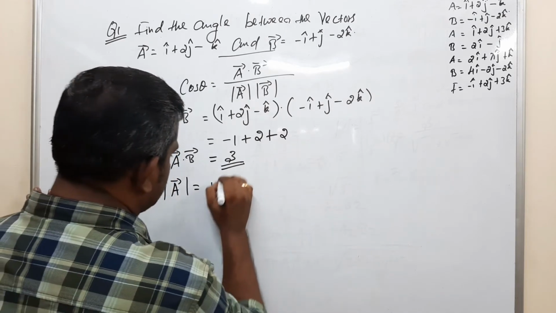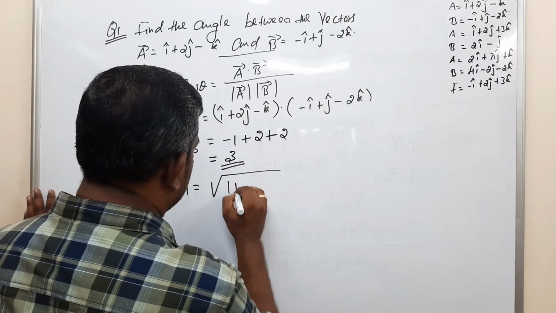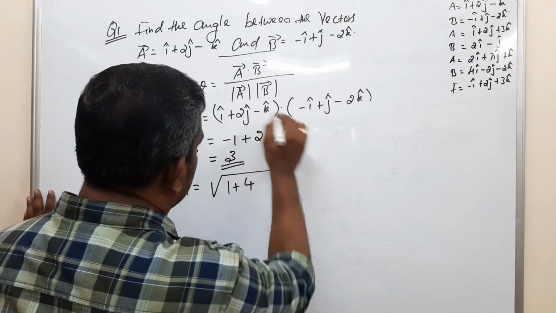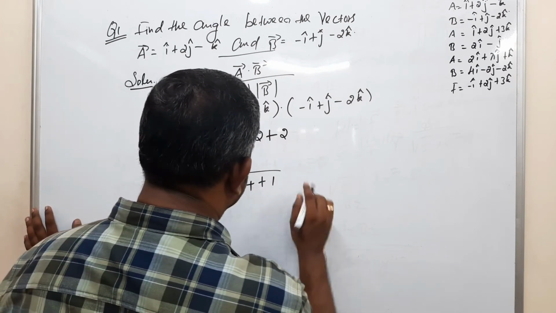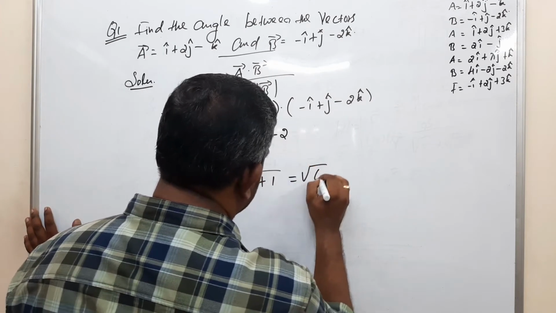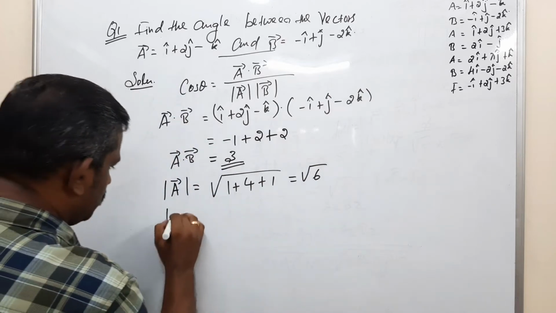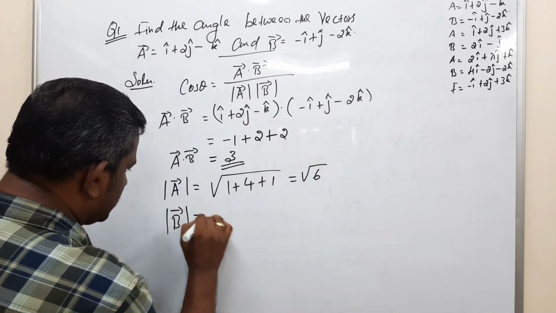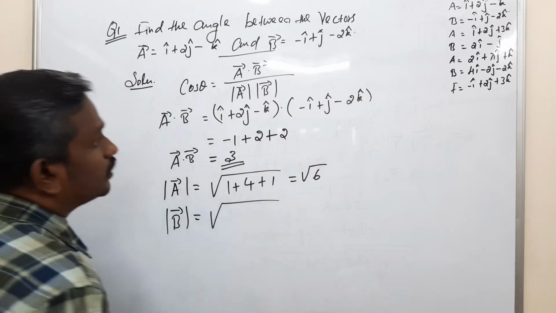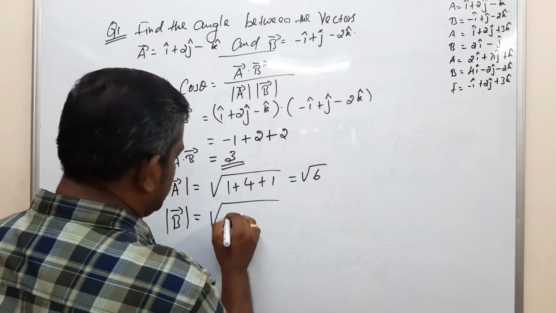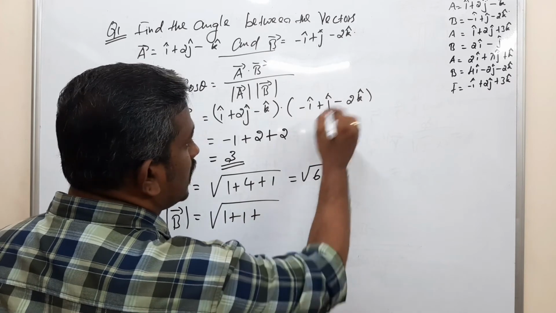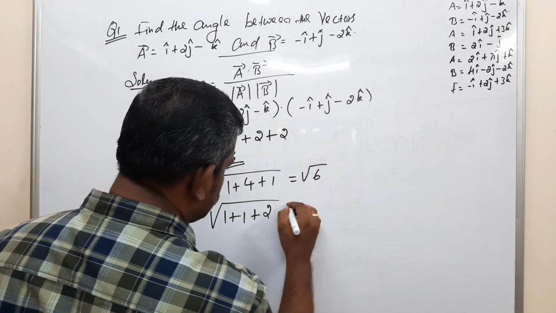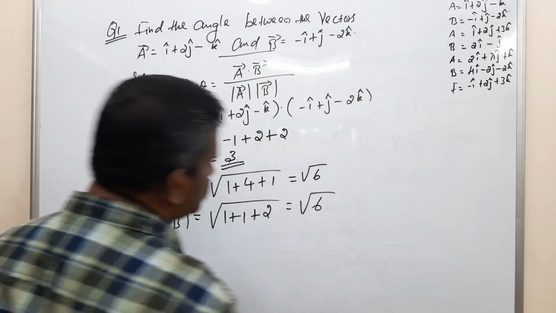So A vector modulus is square root of 1 plus 4 plus 1, that is 1. So we will get root of 6. Modulus of B vector is equal to square root of minus 1 square plus 1 square plus minus 2 the whole square. So we will get root 6.